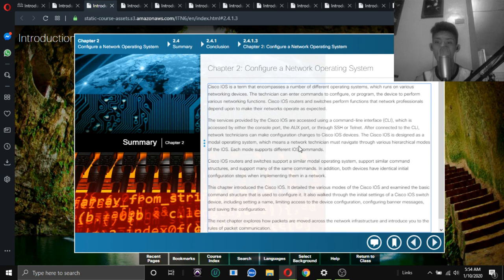After connecting to the CLI, network technicians can make configuration changes to Cisco IOS devices. The Cisco IOS is designed as a modal operating system, which means network technicians must navigate through the various hierarchical modes of the IOS, and each mode supports different IOS commands.